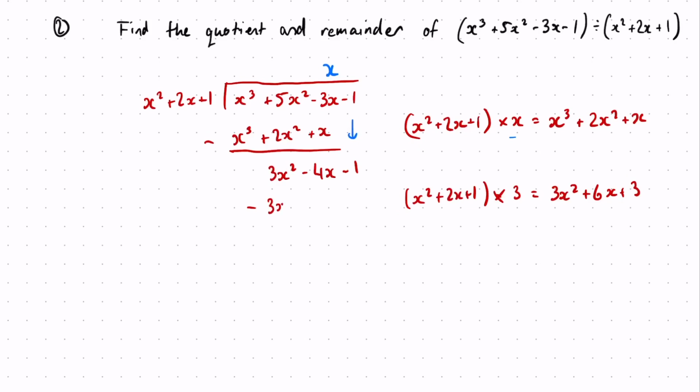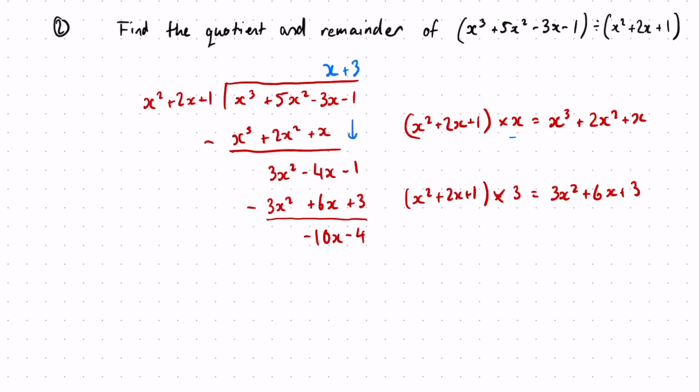So minus 3x squared plus 6x plus 3, which gives me no x squareds. Minus 4x minus 6x is minus 10x. Minus 1 minus 3 is minus 4. Okay. Don't forget to put at the top what I multiplied by for plus 3.